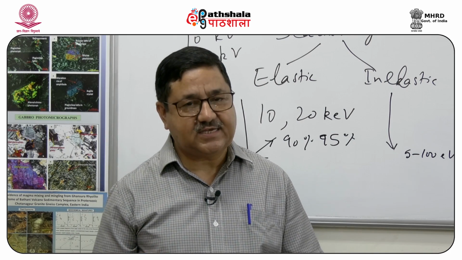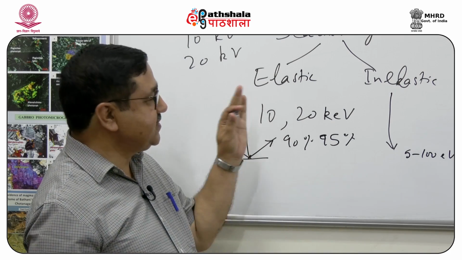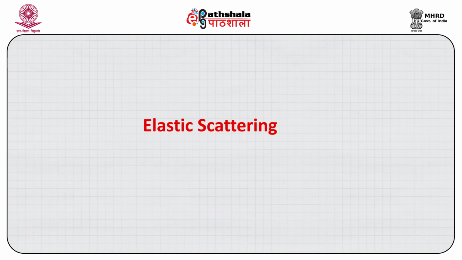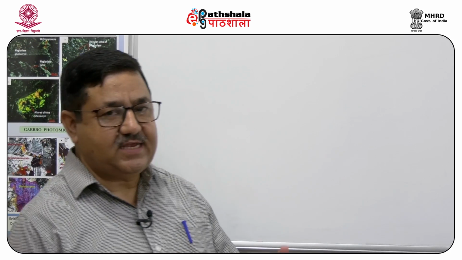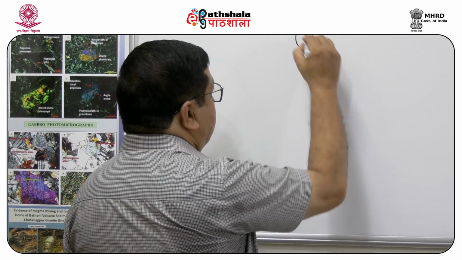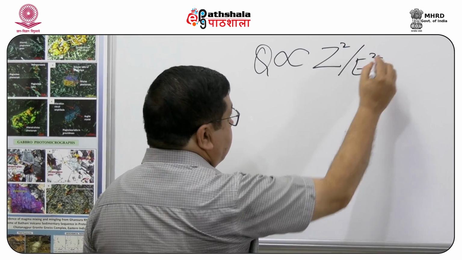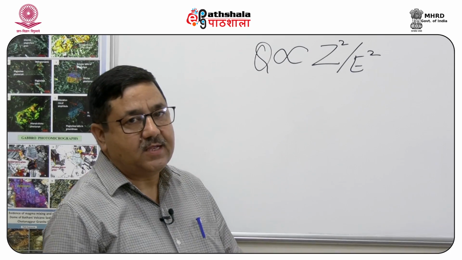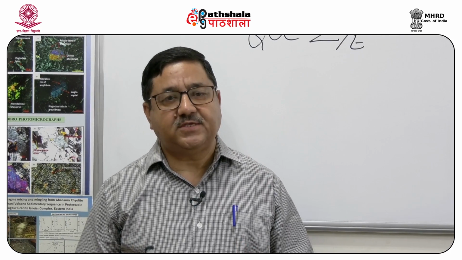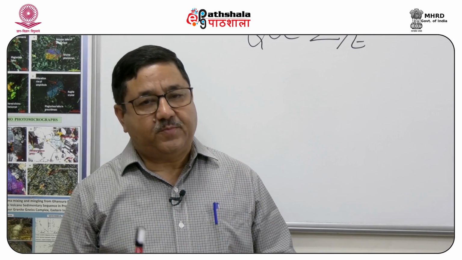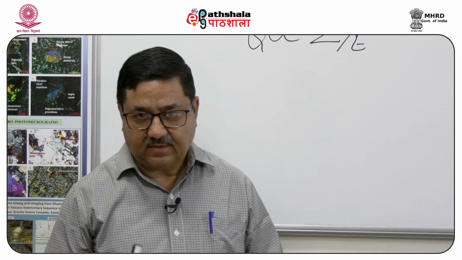And since we are today discussing mainly the microscopy, so we will concentrate on that. Let us first look at the elastic scattering. Elastic scattering can be expressed in this form, Q is proportional to Z square by E square, where Q refers to the probability. Now, following Heisenberg's principle of uncertainty, the simultaneous definition of position and energy of atomic particle is not possible.